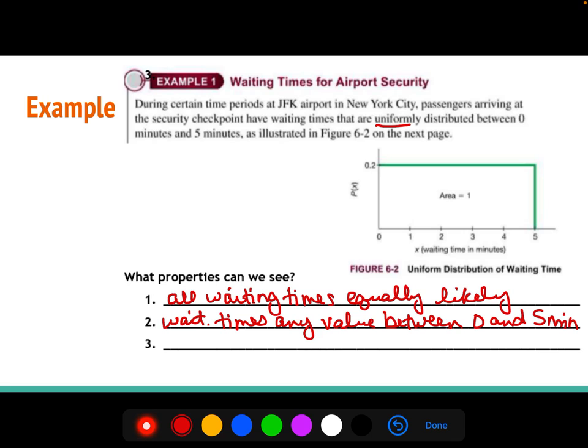If we assign the probability of 0.2 to the height of the vertical line, the enclosed area is exactly 1.